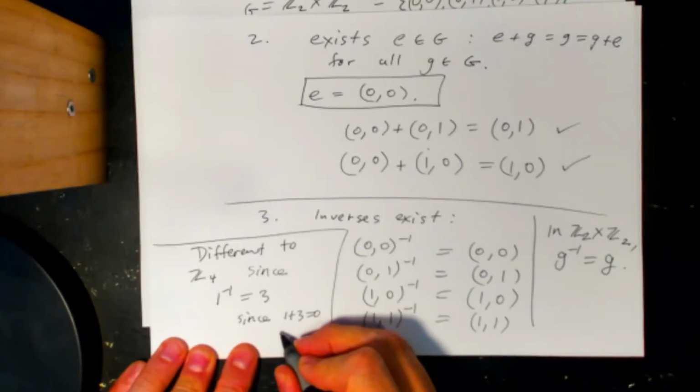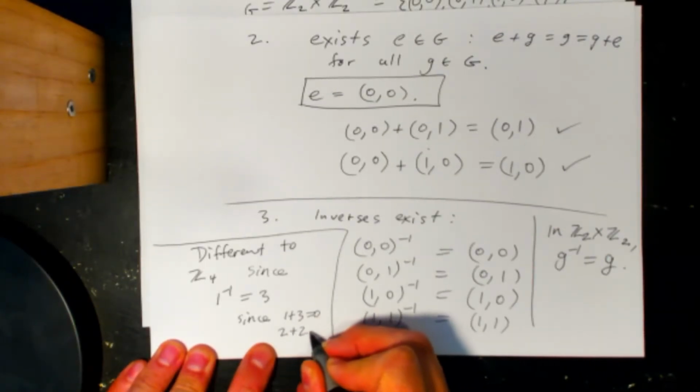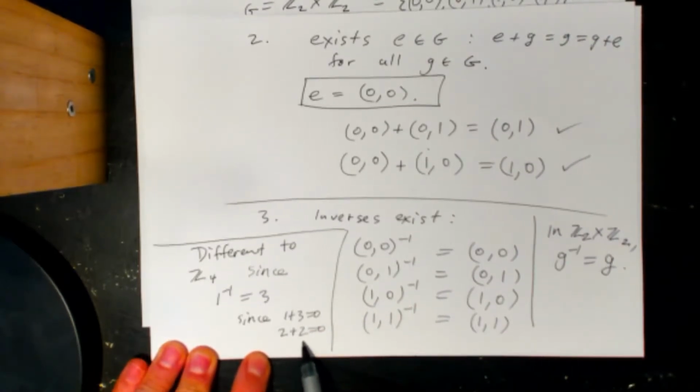Okay, and 2 plus 2 is 0, so 2 is its own inverse in this case, but 1 and 3 are not their own inverse in this case.